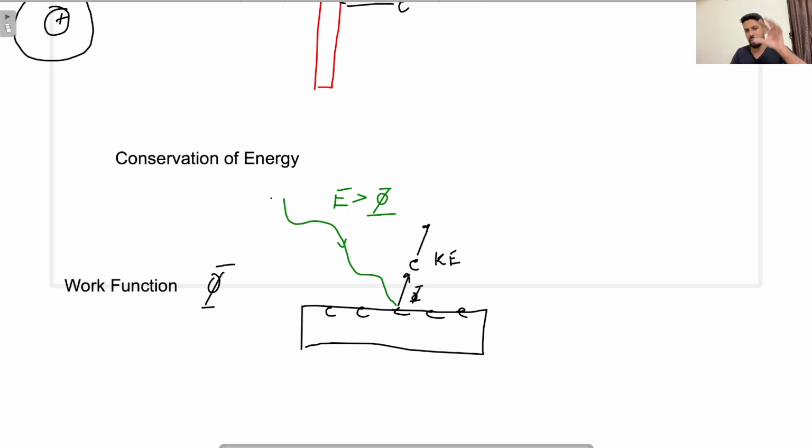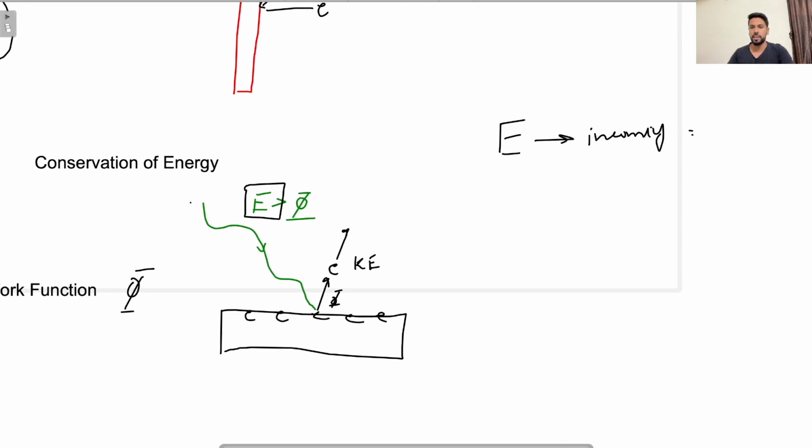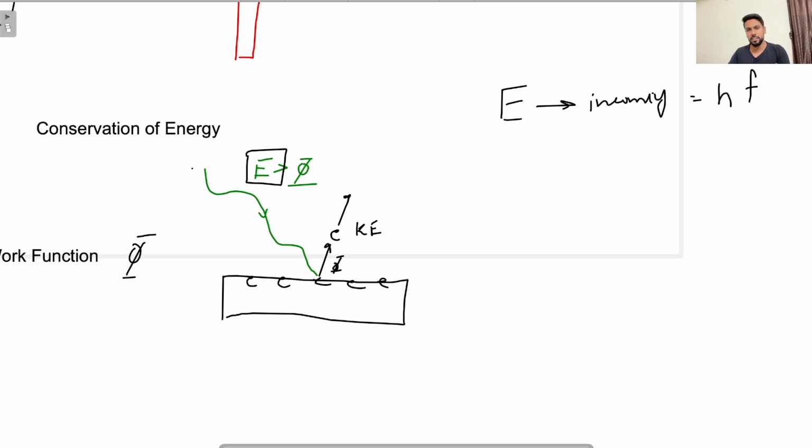Now who is giving all this energy? It is none other than the energy of the light. So look here, the energy of the light is the incoming energy. And where is it coming from? It is coming from the light. That is your hf value, h into frequency. Now what are the energies being used?